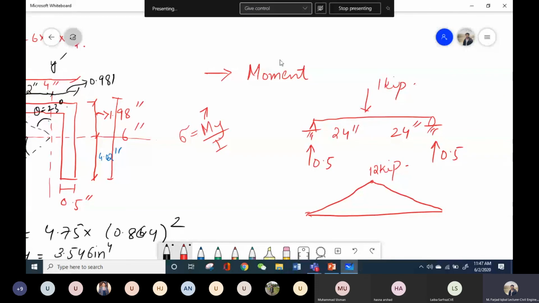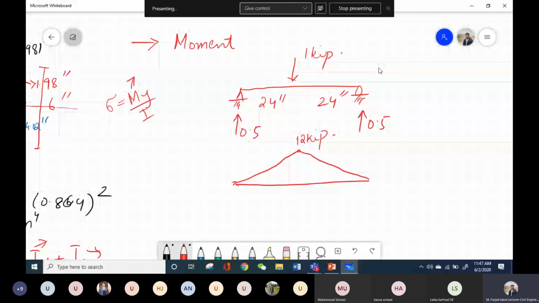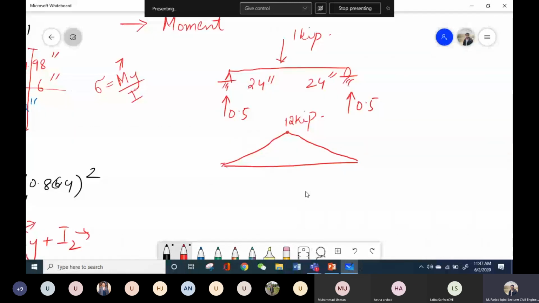If you remember the question that we solved in class, we consider the resistive direction of the bending moment to be placed in the cross section when we show this bending moment in the cross section. So in this one, this bending moment of 12 is acting due to this force that is 0.5, right?